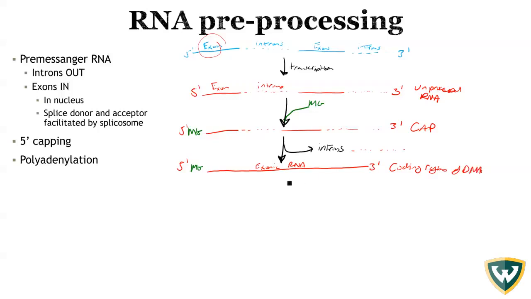Finally, to do the last preparation step, we need to add in a poly A tail. And so what that looks like is we have our 5' with our methylguanine, and that with our exonic RNA, and then at the 3' end we add a very long poly A tail.